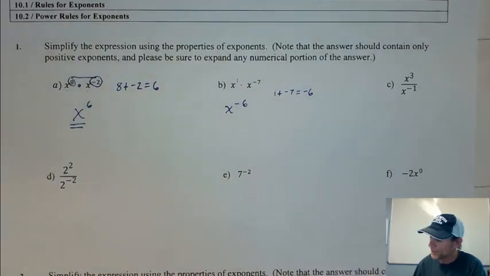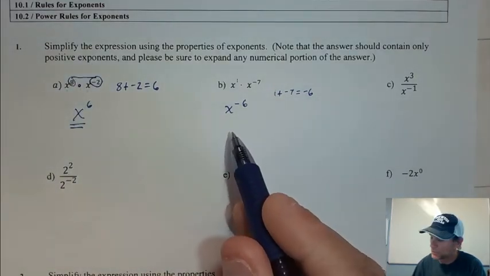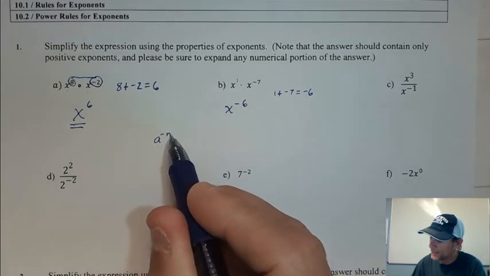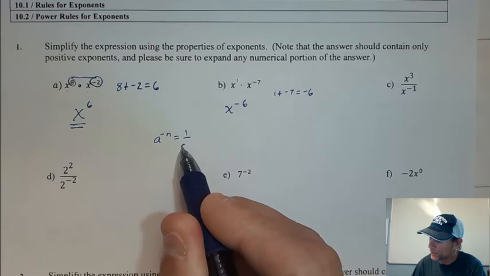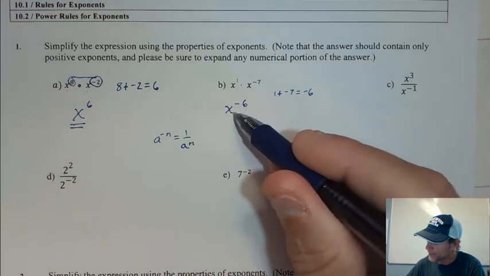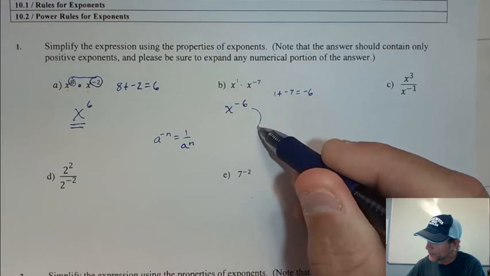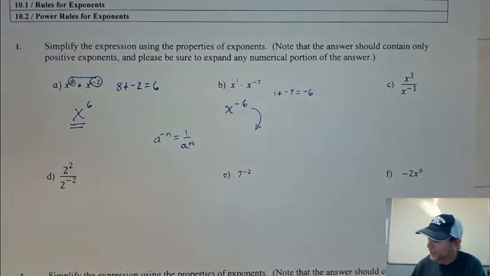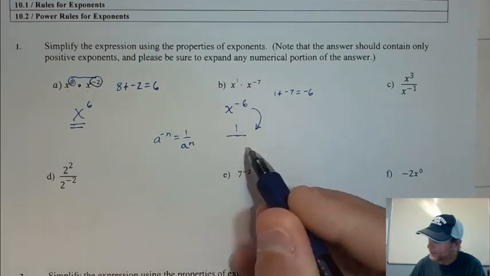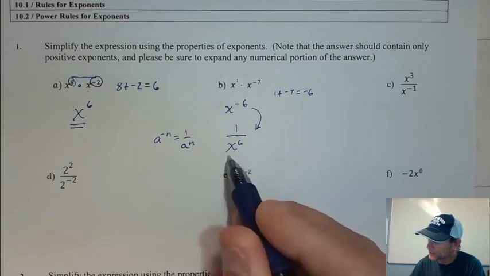So we have to remember the negative exponent rule, which states that a to the negative n equals 1 over a to the n. With the negative exponent rule, I think about taking this term and pushing it to the bottom of the fraction. So I have 1 on the top of the fraction, and then x to the 6th.